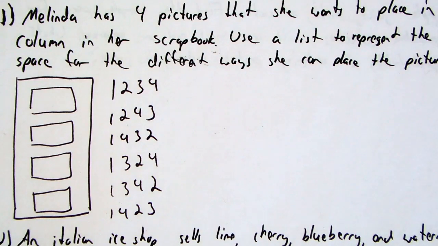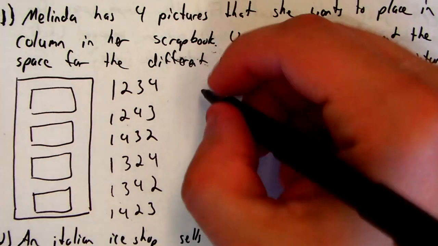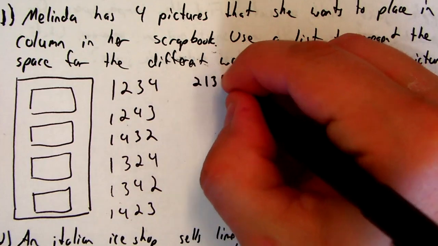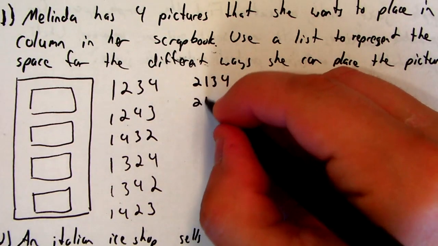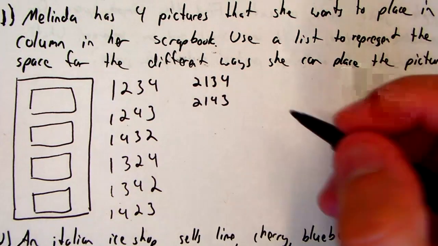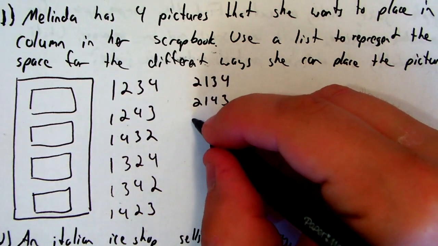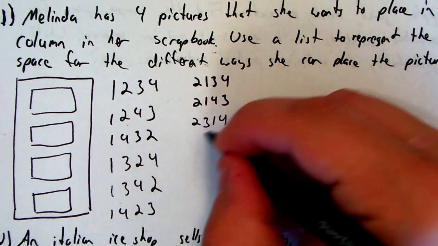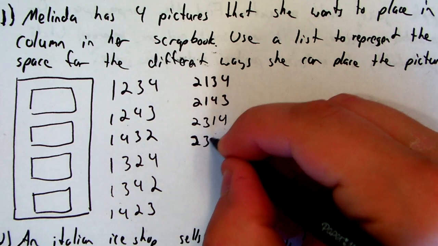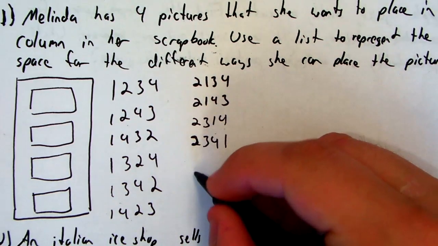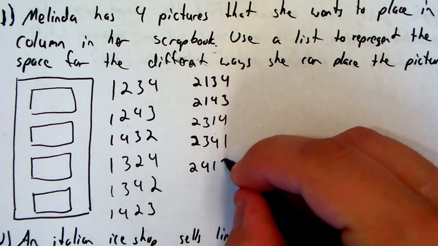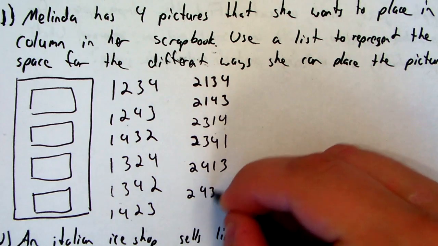Now let's do the second picture first. So 2, 1, 3, 4. We could also have 2, 1, 4, 3. We could also have 2, 3, 1, 4. 2, 3, 4, 1. Could also have 2, 4, 1, 3, or 2, 4, 3, 1.